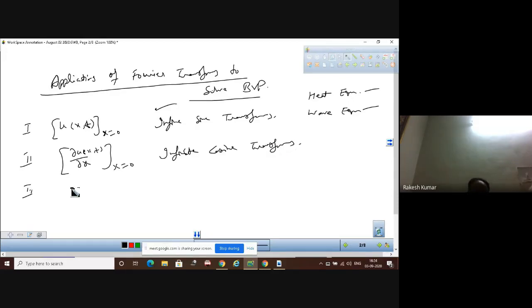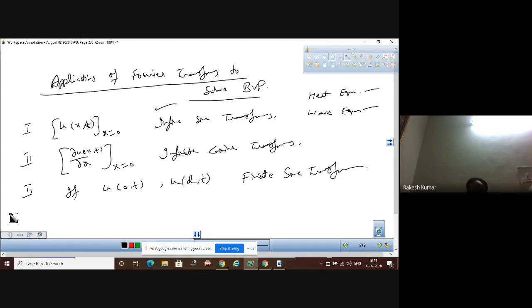The third important condition is if the boundary conditions u(0,t) and u(l,t) are given, then we employ the finite Fourier transform, not infinite. Remember, we shall employ the finite Fourier sine transform.